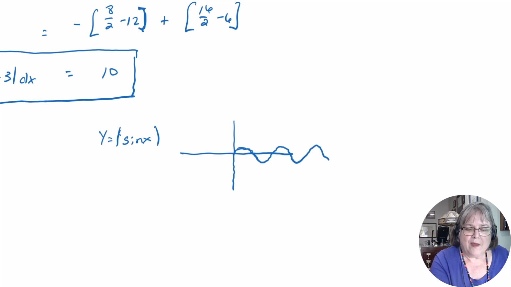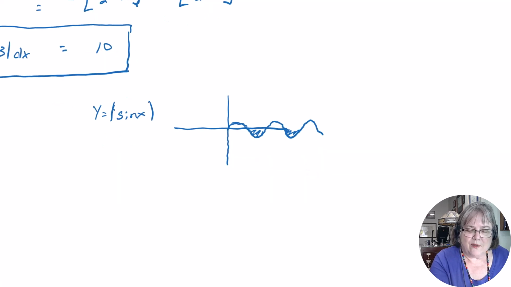But if you're going to do the absolute value of sine, then all of these parts that are dipped down in the negative area are going to flip up. So you'd have this original part up there, and then this part's going to flip.